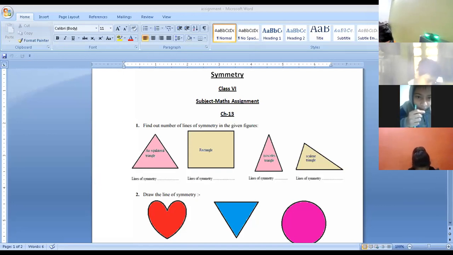You can write in the chat box also if you are not able to unmute yourself. How many lines of symmetry in an equilateral triangle? Children, write down the answer in the chat box.